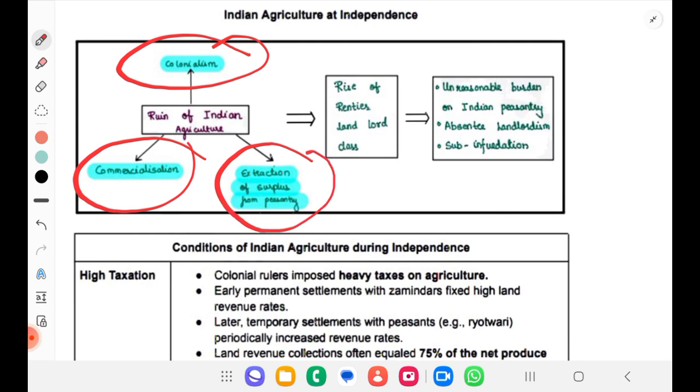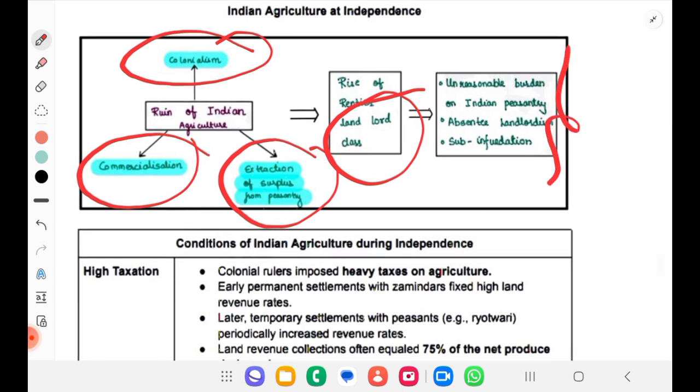So these were the 3 major problems. Later, rise of rentiers by landlords. Then we have unreasonable burden on Indian peasantry, absentee landlordism, sub-infeudation. So these are the later problems.